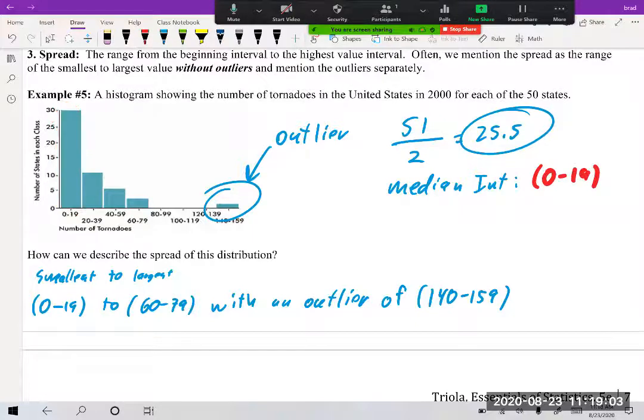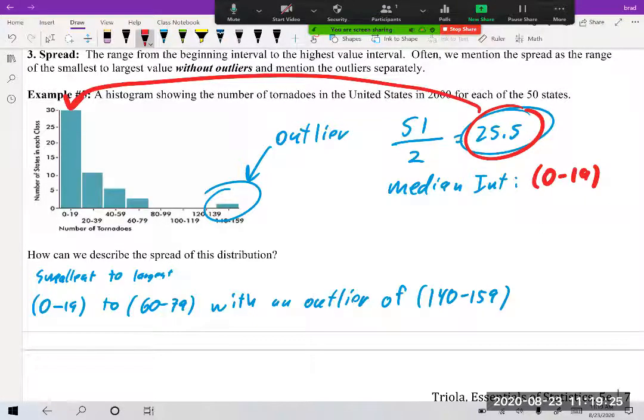See how that does not look like the center of the data, but you have to understand that a large portion of the data is from 0 to 19 tornadoes. So most states do not have a lot of tornadoes. 19 is the most in this category. Okay, so the median interval 25.5 happens somewhere in here, right?